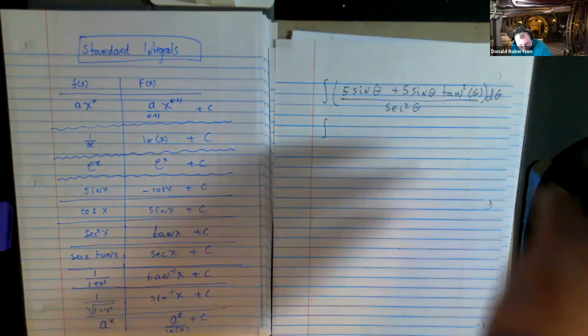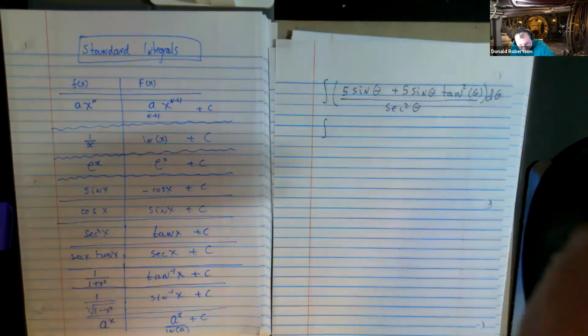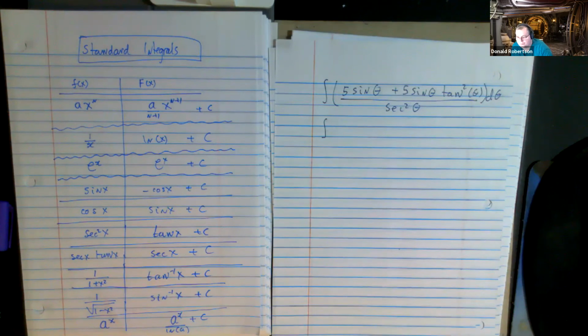If you've got a trig expression with sines, cosines, secants, tans, all jumbled up, and nothing's coming to mind, then what you can do is turn every single guy into a sine or a cosine that isn't already a sine or a cosine.